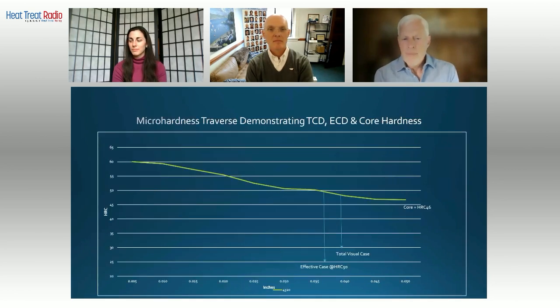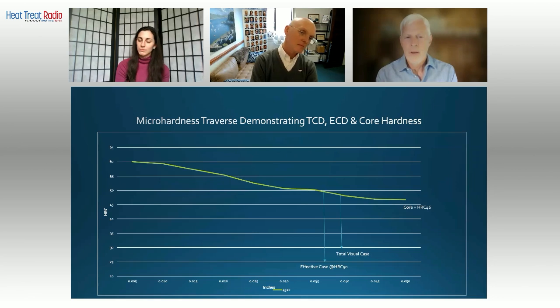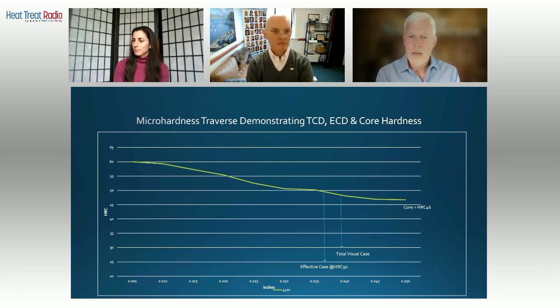If we look at this graph, the x-axis, as we go to the right, is the distance from the surface, and the y-axis, as it goes up from the horizontal, is hardness in Rockwell C. If you look at this green line, this is a micro hardness traverse of a carburized part. It tells us many things.